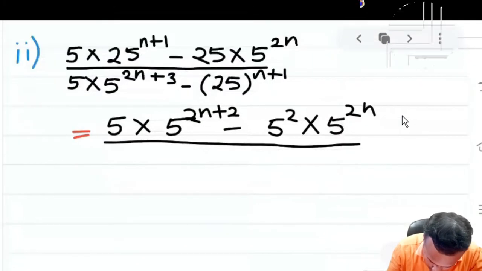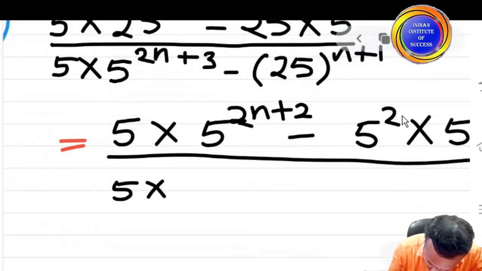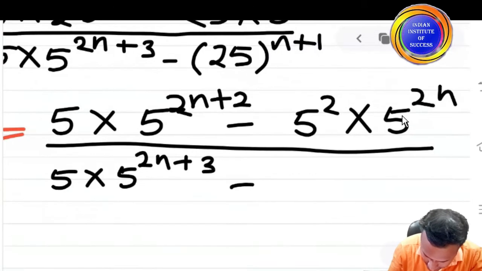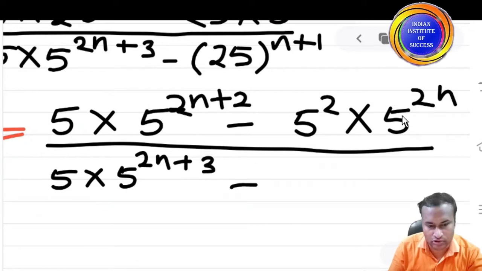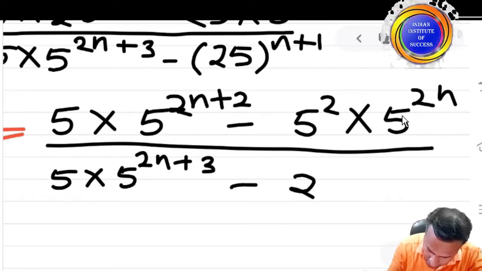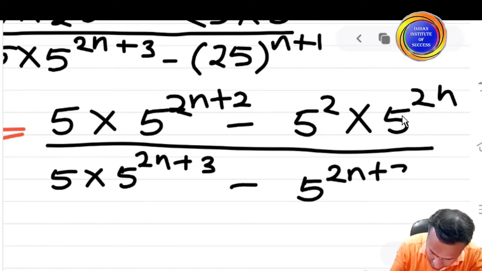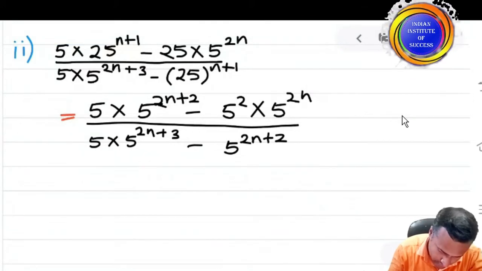Okay, now here also 5 into 5 raised to power 2n plus 3, minus once again 25, which means 5 raised to power 2 into n plus 1, then it means 5 raised to power 2n plus 2. Similarly to what we have done in the previous one.